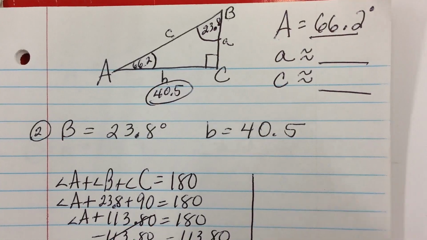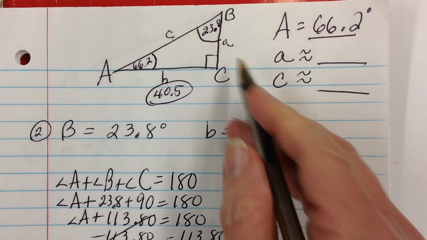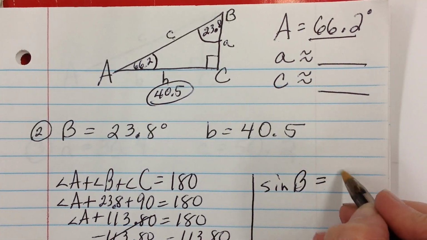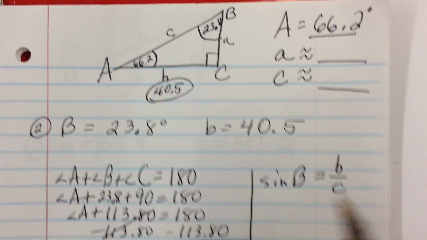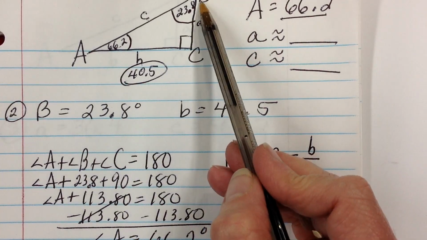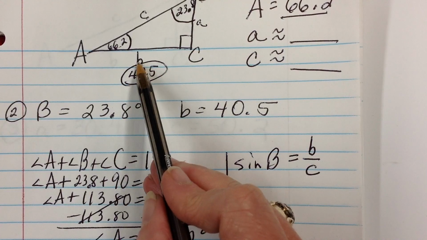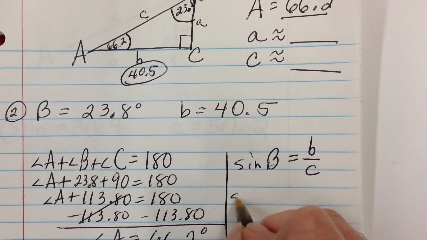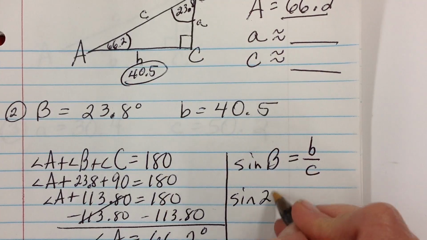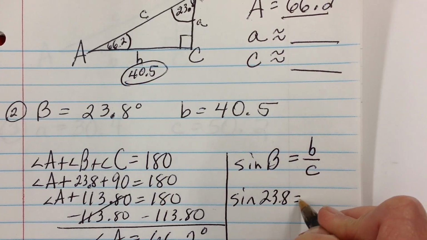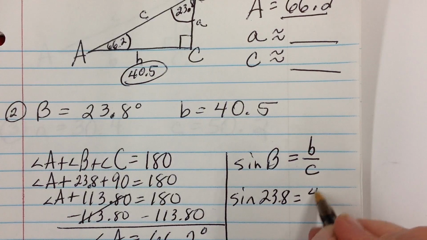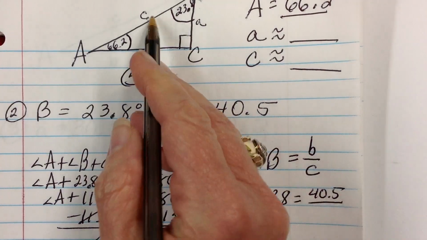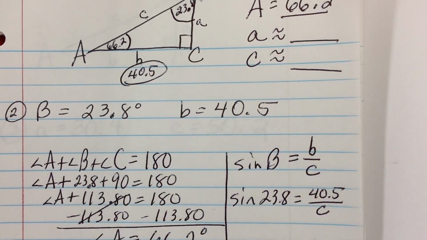So I'm going to set up my proportion. Sine of B is equal to B over C, opposite over hypotenuse. So angle B is 23.8, side B is 40.5, and C is the side that I'm missing.